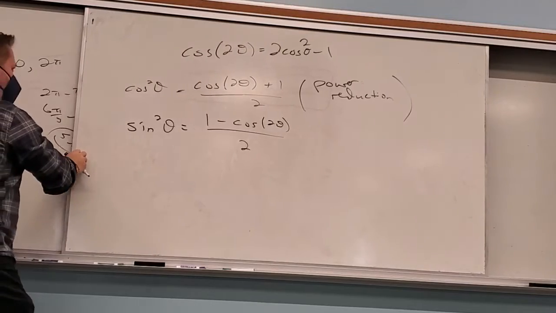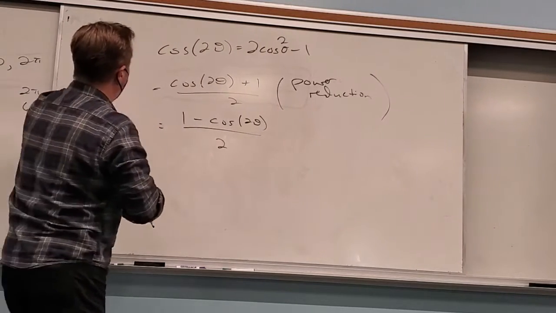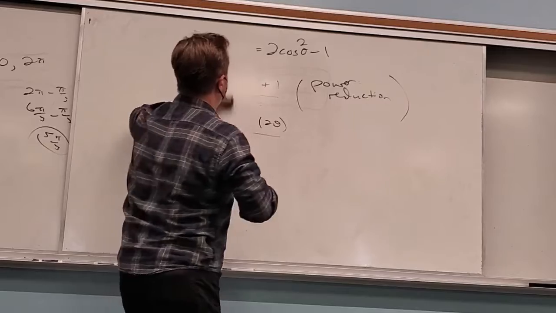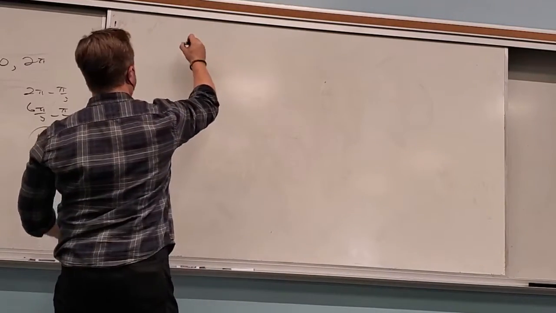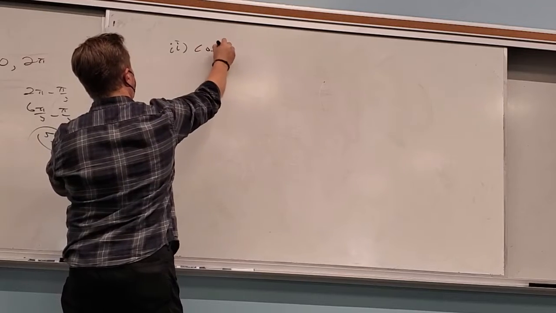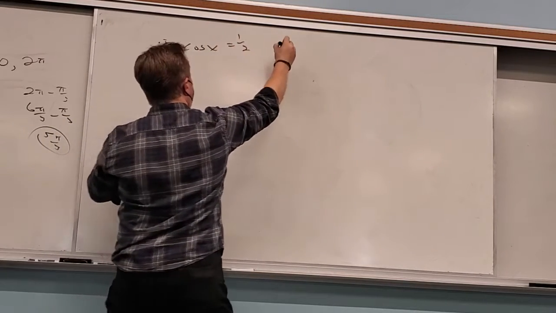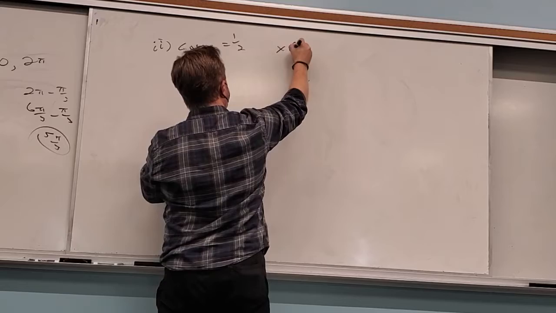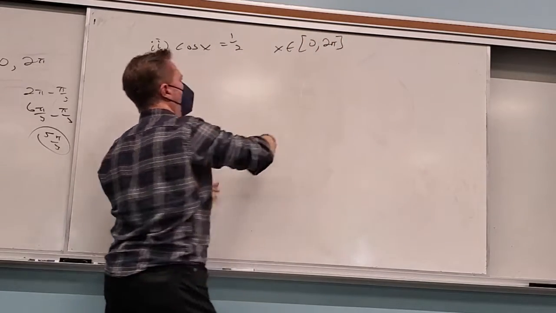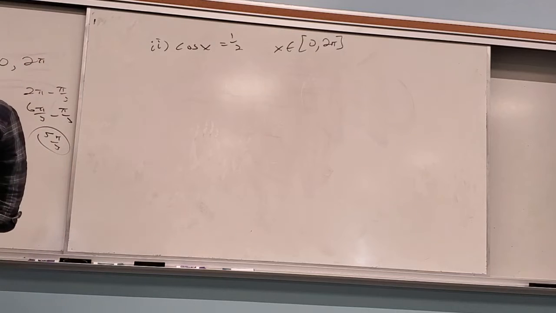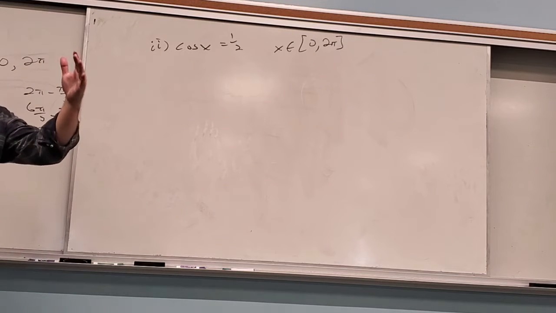So what if I gave you the same problem, but I gave you one more thing? What if I say solve this, but x is in 0 to 2 pi. So now I've restricted my domain.